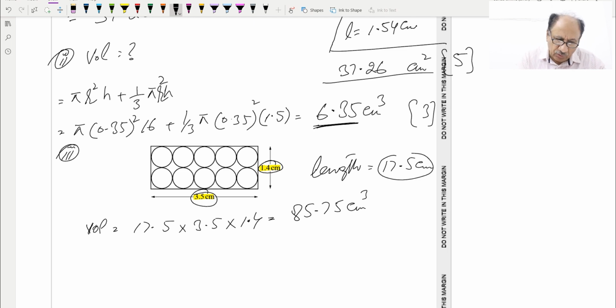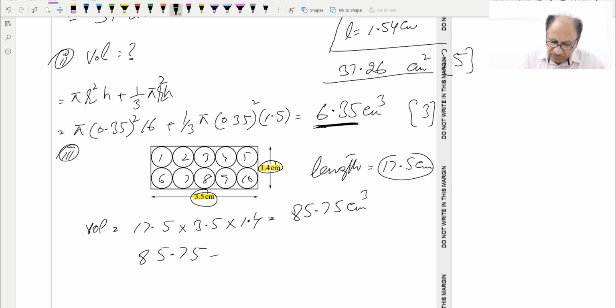And we have to subtract 10 times this volume. This is the volume of one shape, so we will subtract 10 times 6.35. So these are 10: 1, 2, 3, 4, 5, 6, 7, 8, 9, 10.